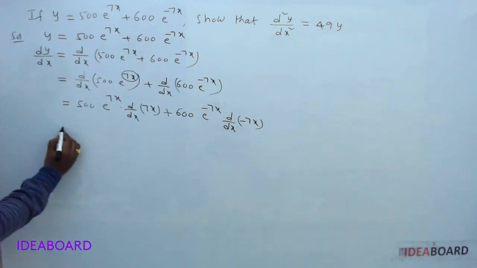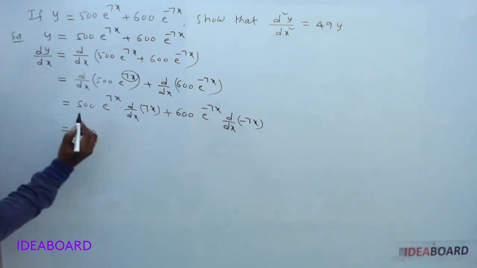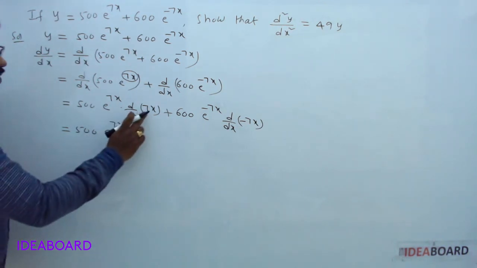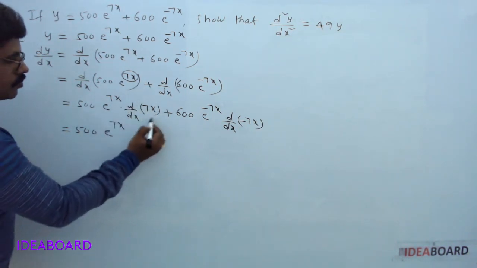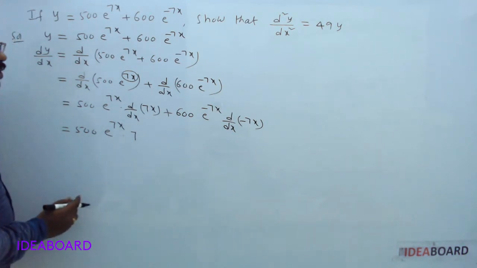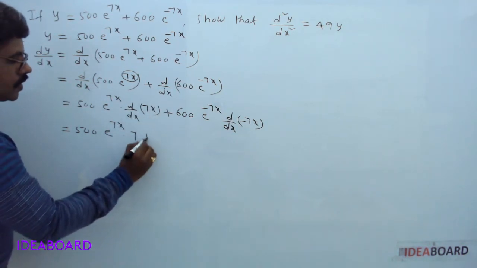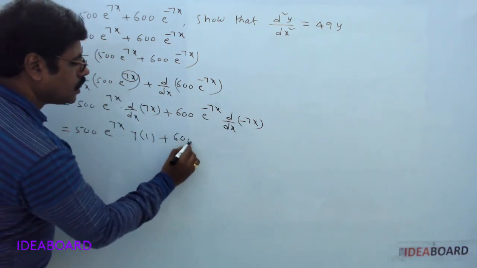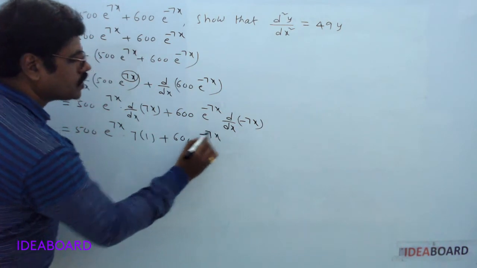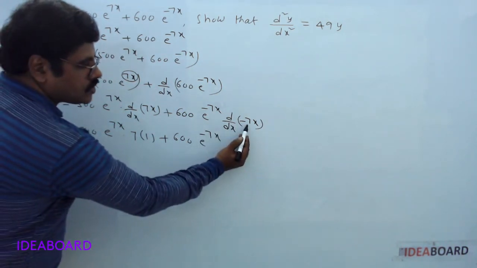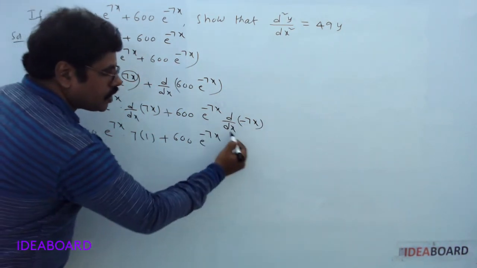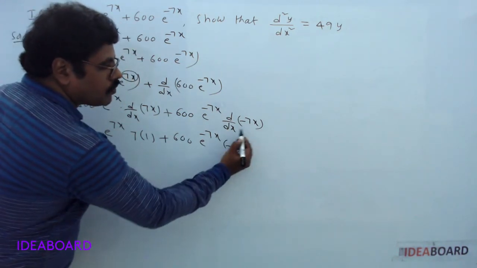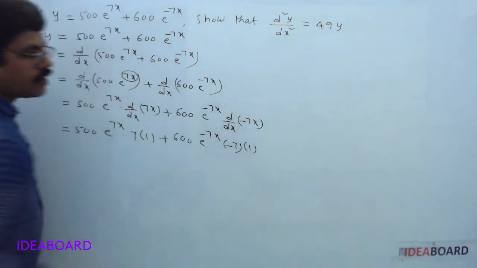Now come to the simplification part. This equals 500 e^(7x) into, here 7 is the constant term, so it can be expressed as 7 into derivative of x with respect to x, which is 1, plus 600 e^(−7x) into, here −7 is the constant term, so it can be written as −7 into derivative of x with respect to x, which is 1.